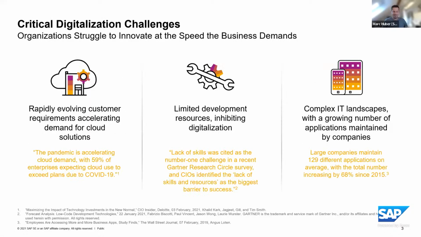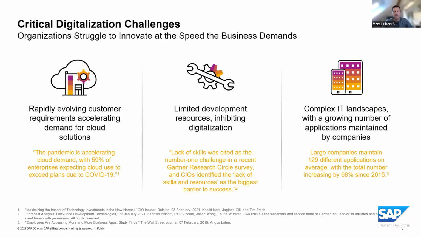But let's start at the beginning, why low-code, no-code is important for us, so that you get an understanding of what I'm talking about. What we are seeing is that a lot of organizations fail to innovate at the speed the business demands. The reason is that we are facing critical digitalization challenges.